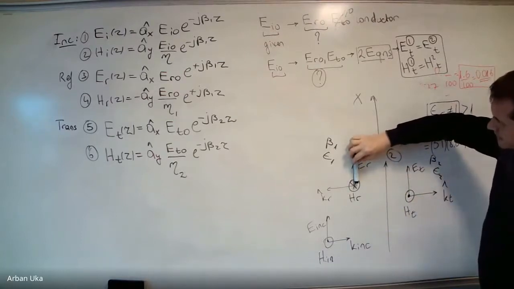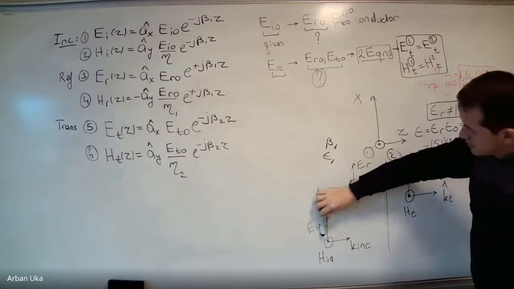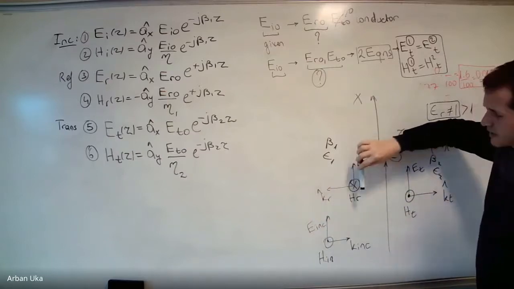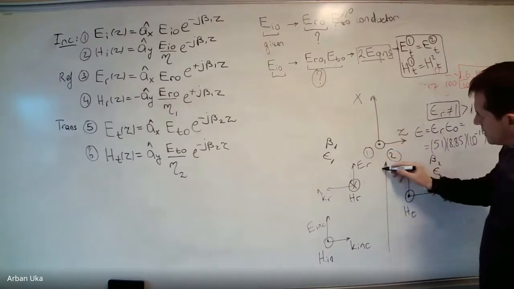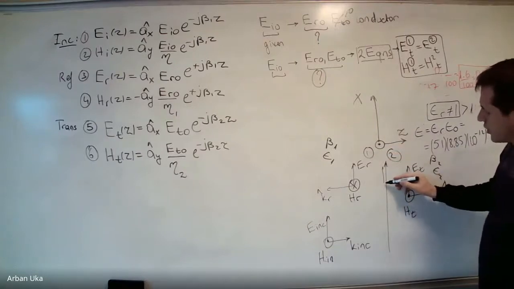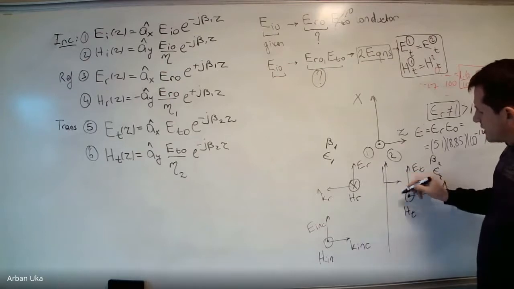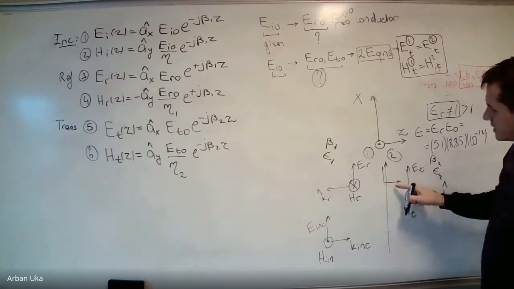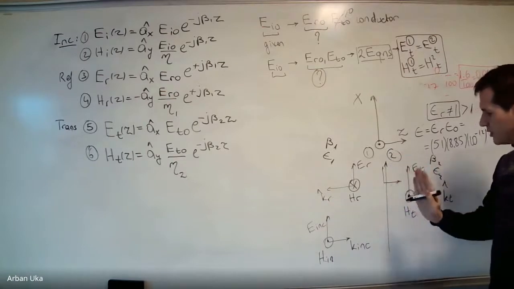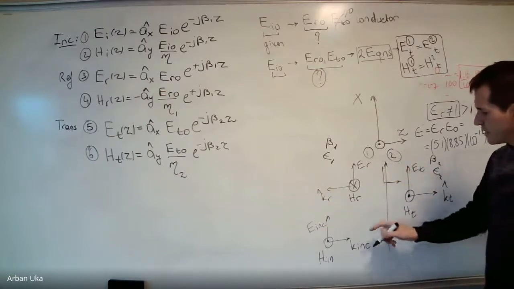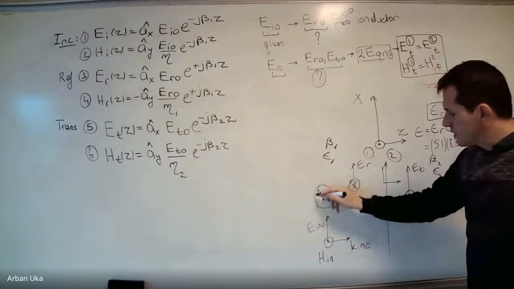The incident wave and the reflected wave electric fields are tangent, because if we draw it right here, this would be tangent. A normal component would be this, but the only vectors normal to this separation between medium 1 and 2 are these. So these are normal vectors, right?